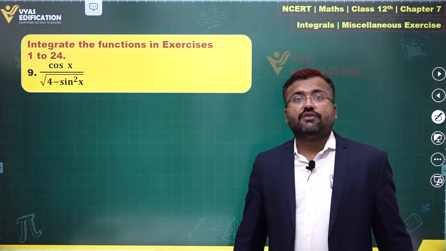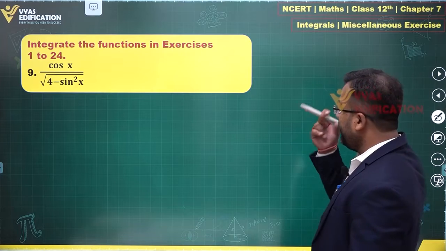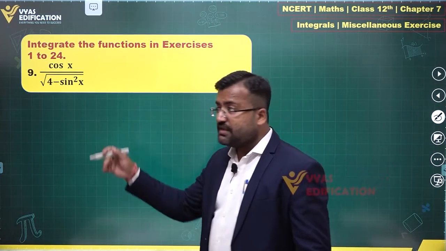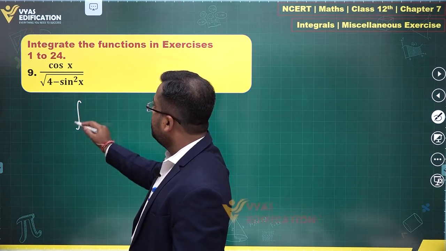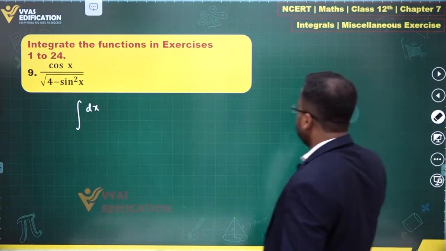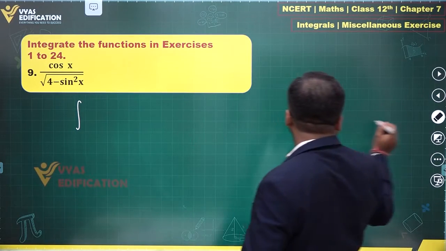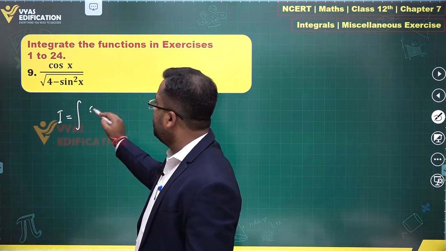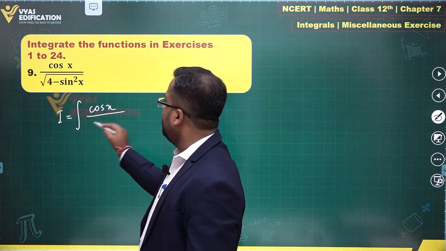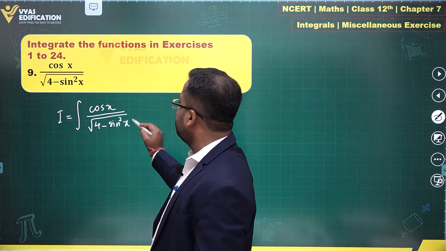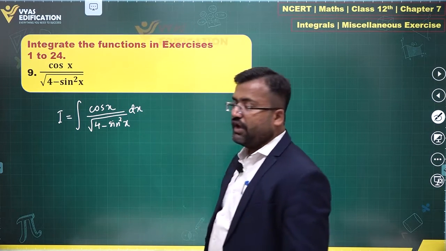In the 9th question, we have cos x upon 4 minus sin square x, and you can clearly observe that the derivative of sin x is present at the top. So, just a minute, this is cos x dx. I equals the integral of cos x upon under root of 4 minus sin square x dx. This is what you have.